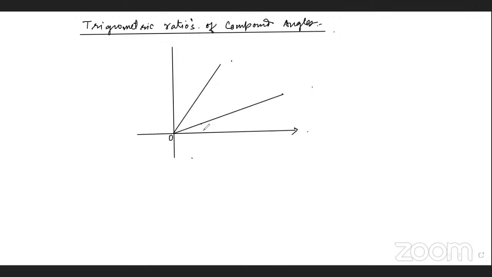First this rotating arm moved in the anti-clockwise direction through that angle A, and after that it rotated further in the anti-clockwise direction through an angle B, and the total angle is equal to A plus B. Okay?